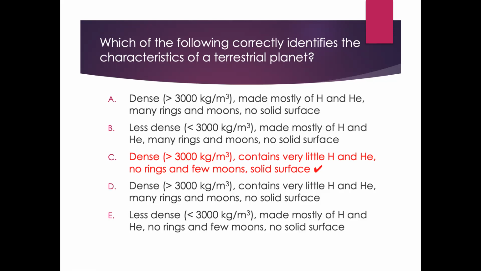The terrestrial planets have no rings, they have very few moons, and they have a solid surface. Basically, think of Earth. So then, which of these, A, B, D, or E, represents or identifies characteristics of a Jovian planet?